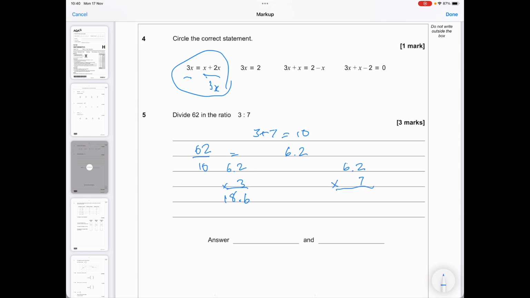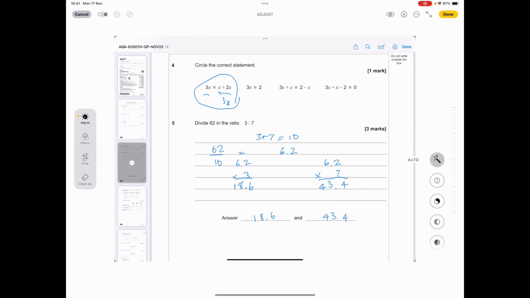So I'm doing 7 times 6, which is 42, plus 1.4, so that's 43.4. That's 6 plus 4 is 10, and that's 1, so that's fine. So that makes 43.4 and 18.6. Right, done.